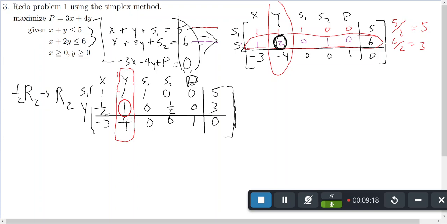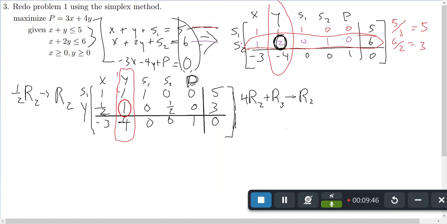What's the additive inverse of -4? That's 4. So we're going to multiply 4 by the pivot row, row 2, and then add row 3, the row we're trying to replace with a 0 in the appropriate place. And all that's going to replace row 3.